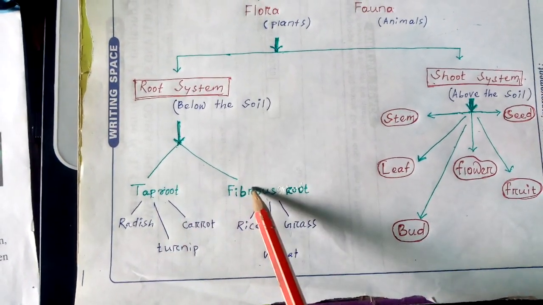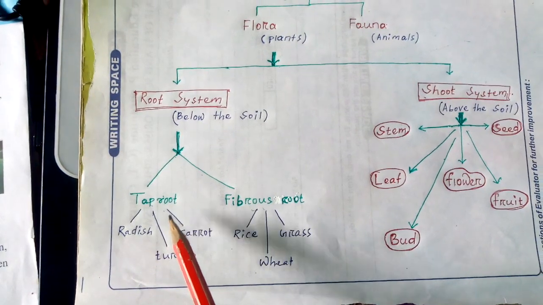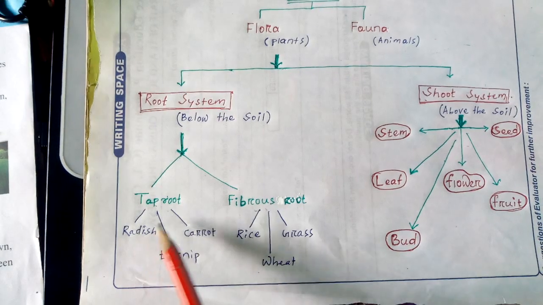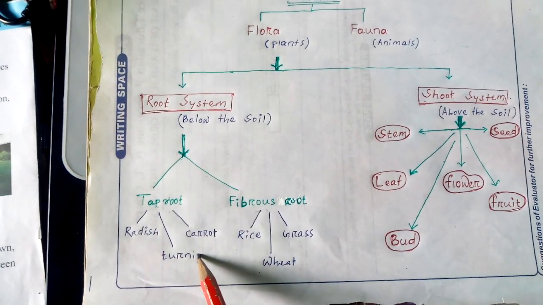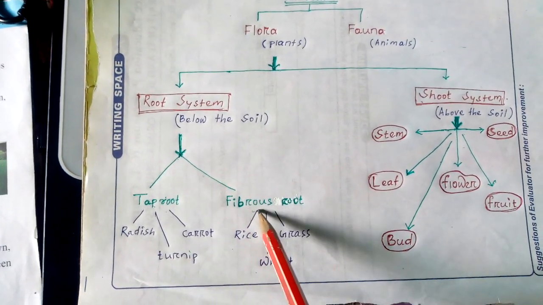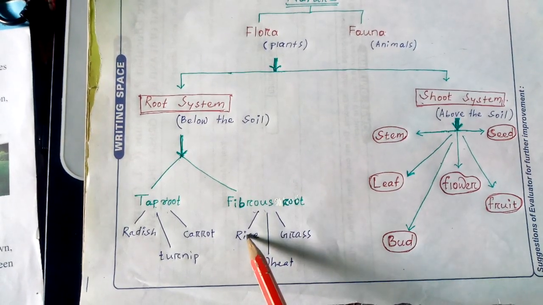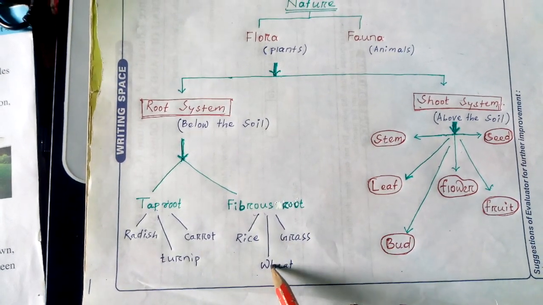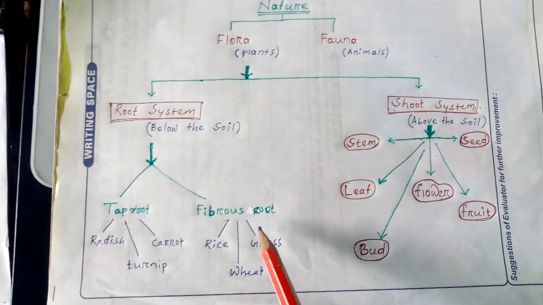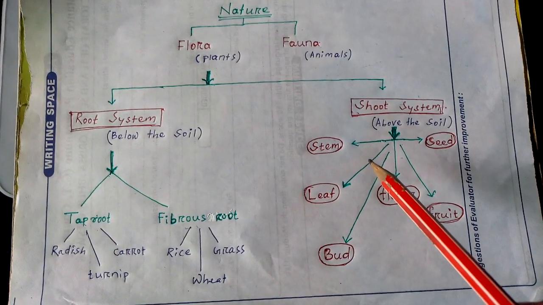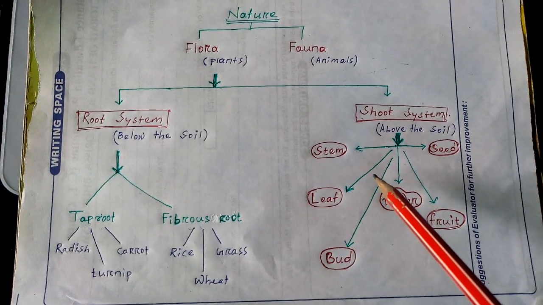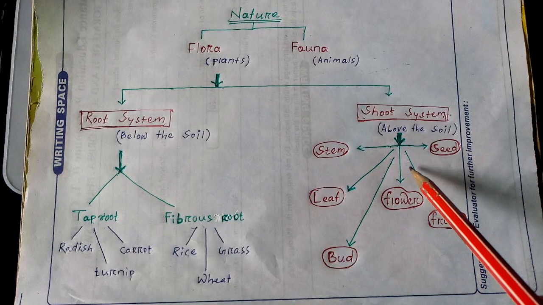Taproot and fibrous roots. Taproot we generally see in radish, carrot and turnip. And fibrous roots we generally find in rice, grass, wheat, etc. When we discuss the shoot system, it is basically above the soil.